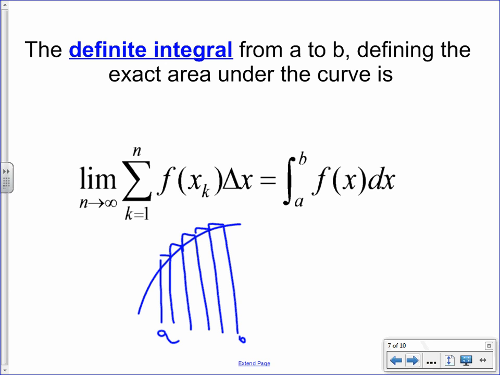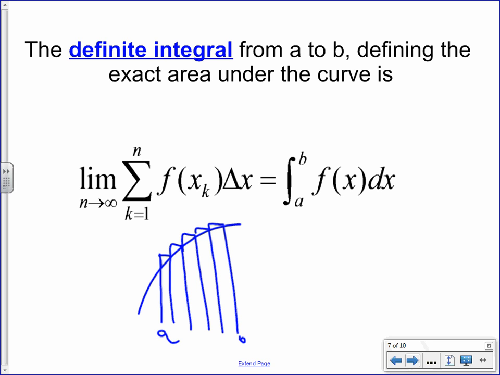So do we start by plugging in A to our function for our first height? No. We do not. We start by plugging in what number? A plus delta x. Very nice.